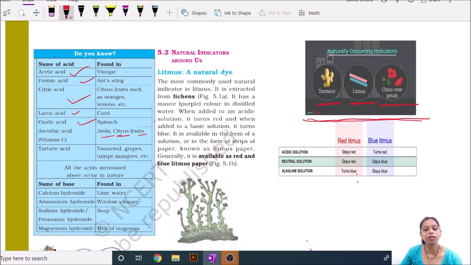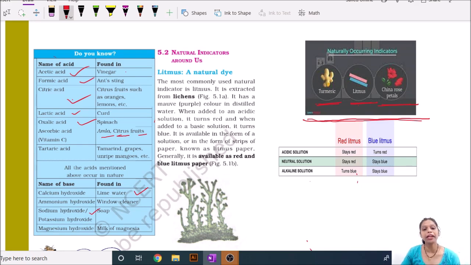Whereas lime water, whenever you touch it, is soapy, meaning it is a base, and it contains calcium hydroxide, whereas window cleaner, which we use for cleaning windows, has ammonium hydroxide, and soap, which we use in everyday life for washing clothes or bathing, contains sodium hydroxide or potassium hydroxide, whereas milk of magnesia contains magnesium hydroxide.